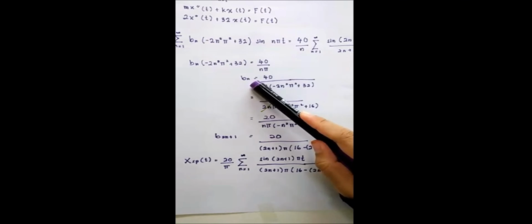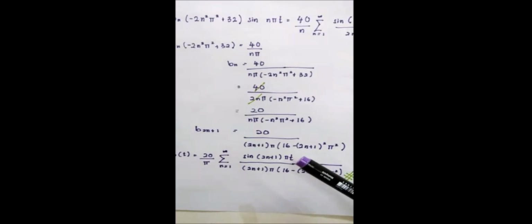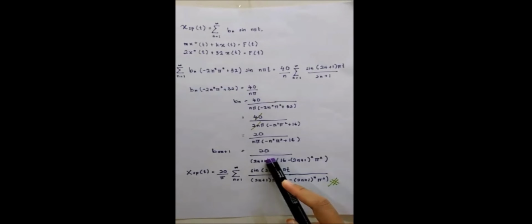So the equation will be like this. After we get the Bn equation, we have to put it into the xsp equation. So the equation will be like this. This is the final answer for question 1.